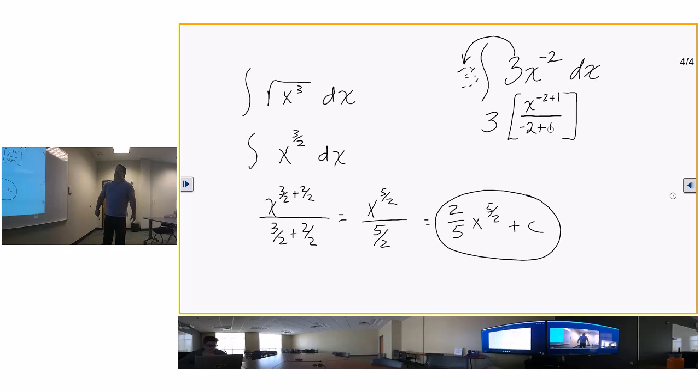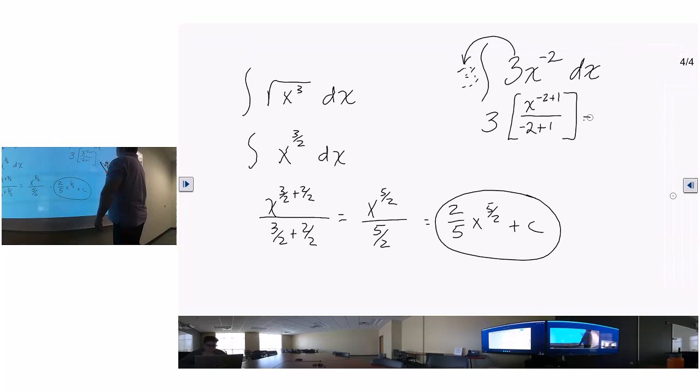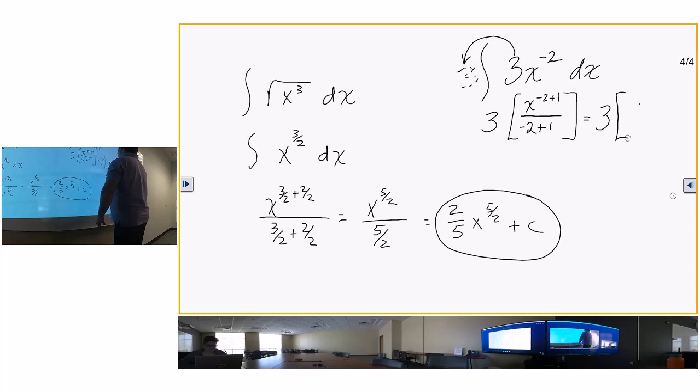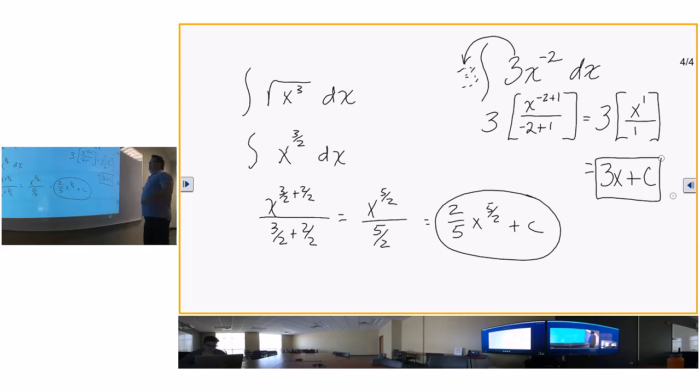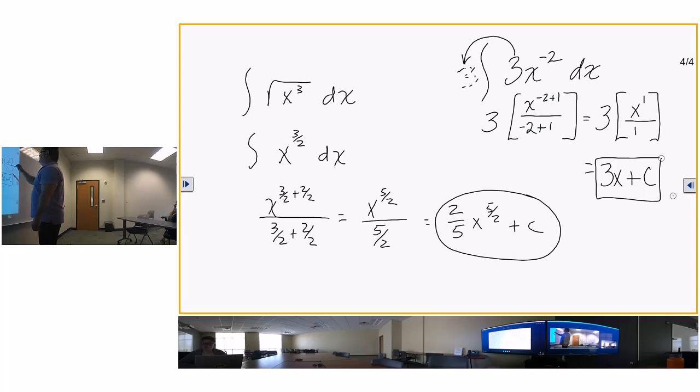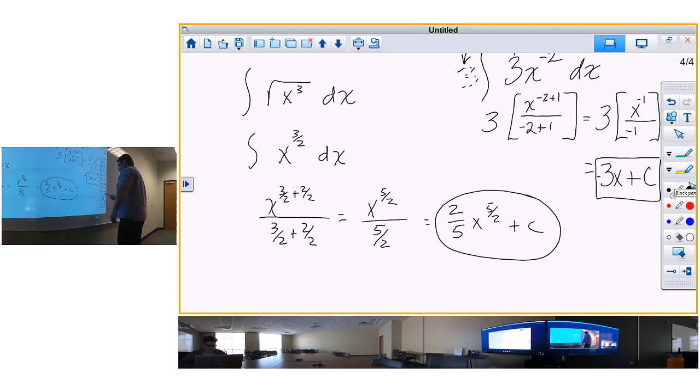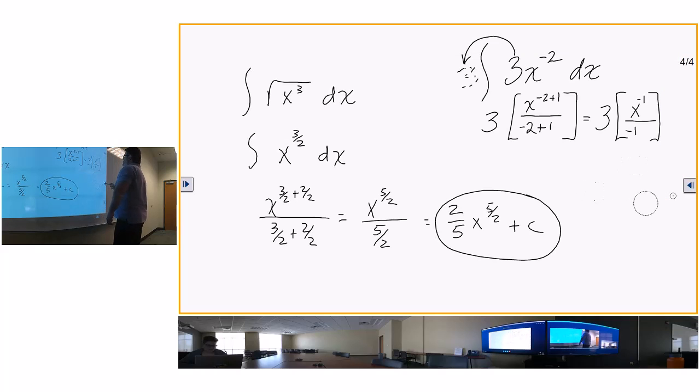And what's -2 plus 1? That's equal to 3 brackets x to the -2 plus 1 over -2 plus 1. And the answer is 3x to the what? Hubert, -1. Sorry. Thank you. Oh, that's -1 too. Sorry. I just might as well quit. Okay, so that's going to be 3x to the -1.